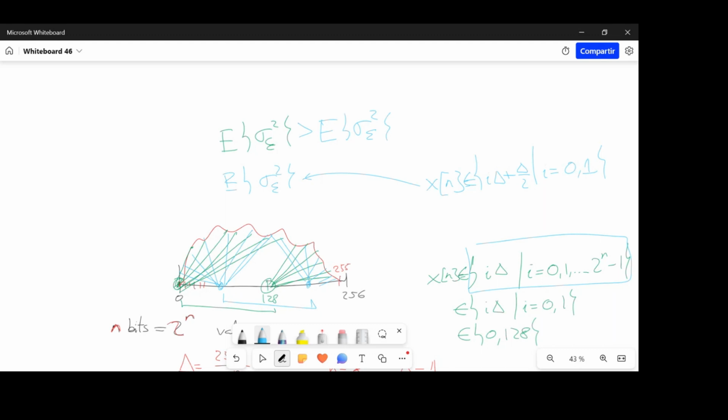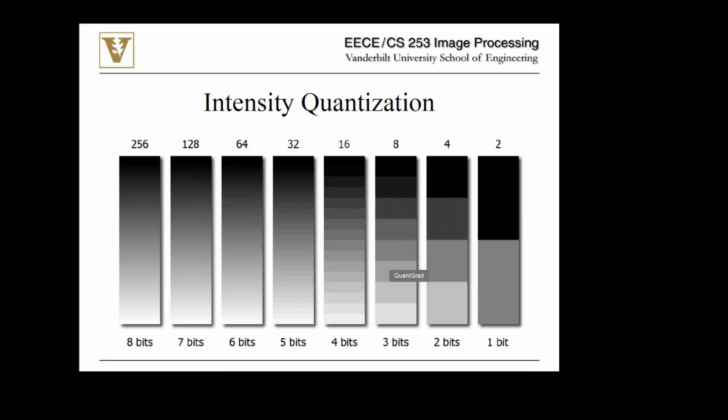The trick is this one, this delta. And this is what we are seeing, this gray state. If we go through the green sampling, this would be 0, and this would be 128.